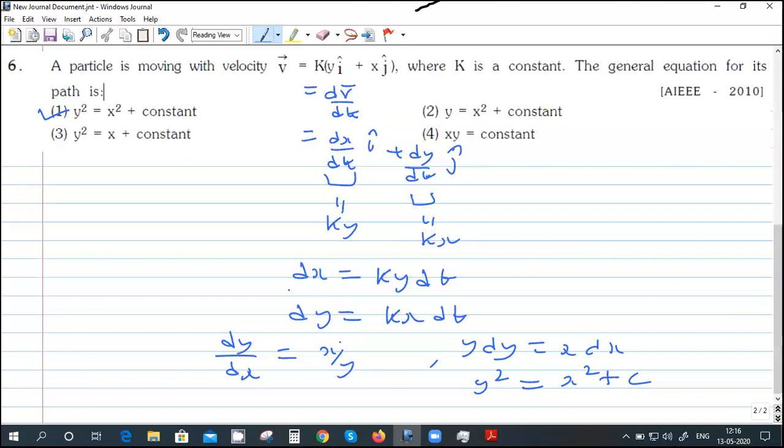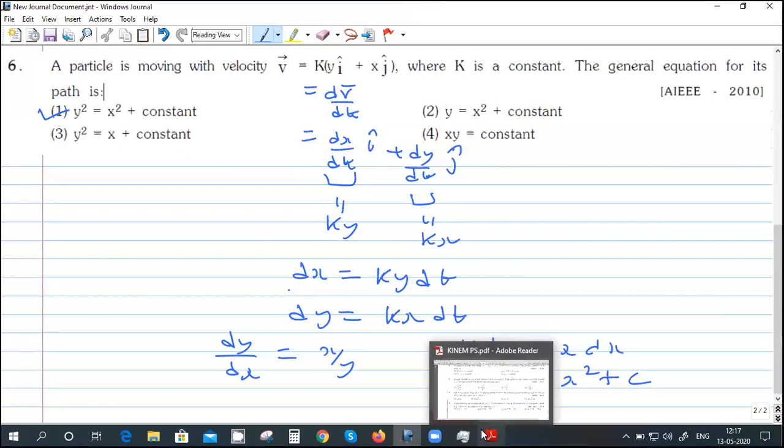So y square equal to x square plus c. So basically, the understanding of velocity is dr by dt, which is equal to dx by dt i cap plus dy by dt j cap. After that, you should know how to integrate. Three concepts, or three steps. Clear? No doubt? No, sir.